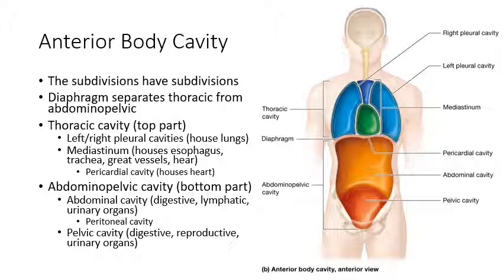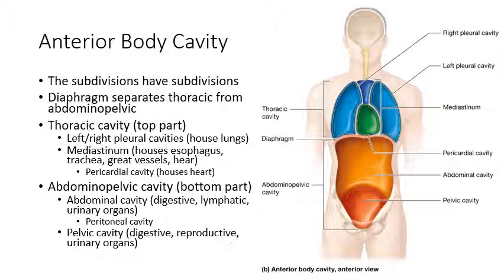For the abdominopelvic cavity, the subdivisions are a little bit simpler. It's just divided into the abdominal cavity superiorly and then the pelvic cavity inferiorly. The abdominal cavity has most of your digestive organs, a number of lymphatic organs, and also your kidneys. It also contains another cavity within it called the peritoneal cavity, which is really large and not very well defined.